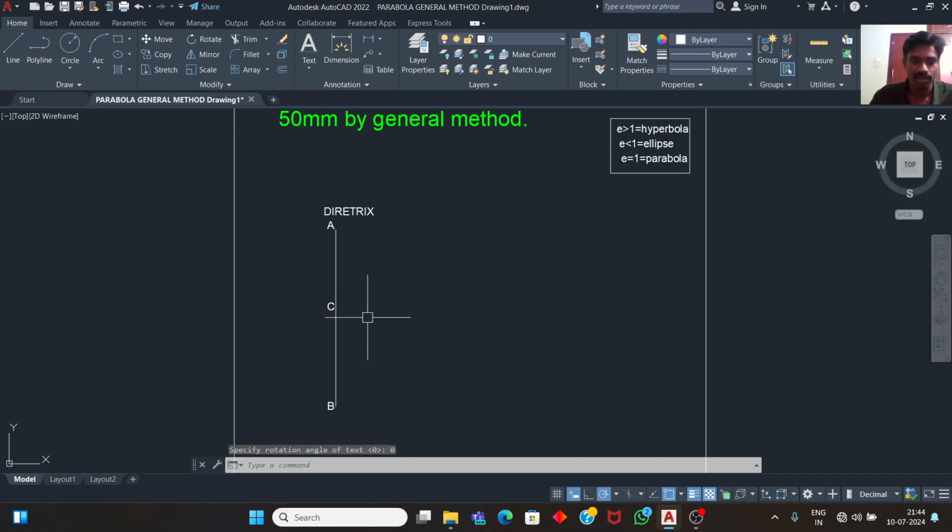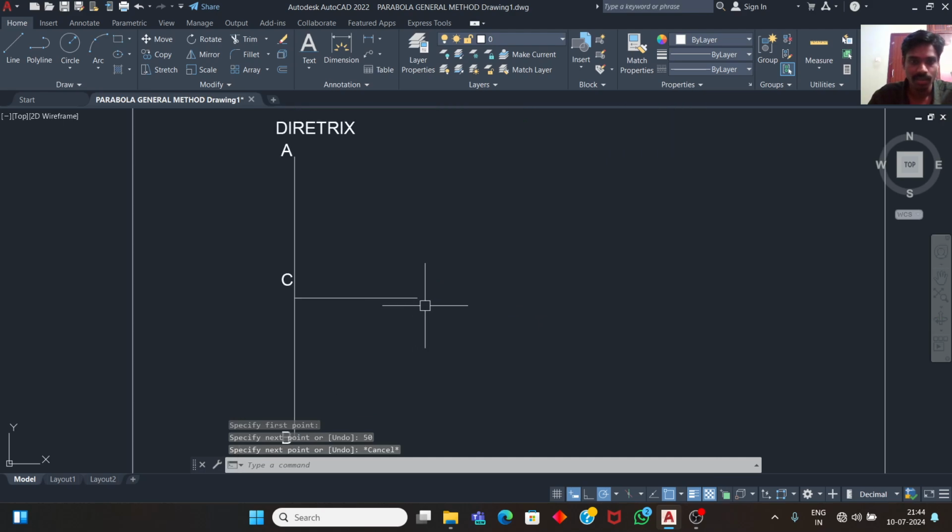Next, take the line command again for locating the focus point. From the middle point of this directrix, draw a line which is equal to the distance between the focus and directrix, that is given in the question, 50 mm. Here we need to mention the focus point.